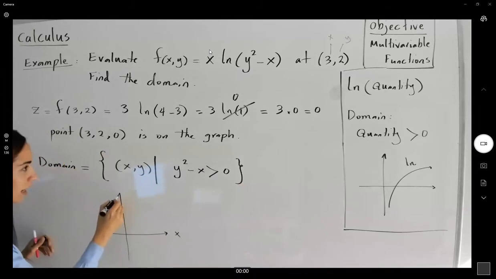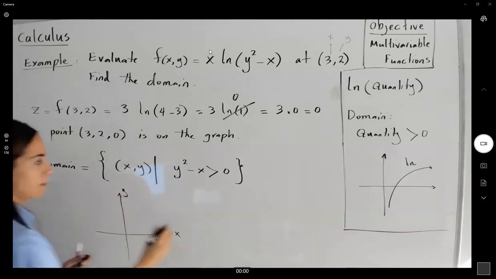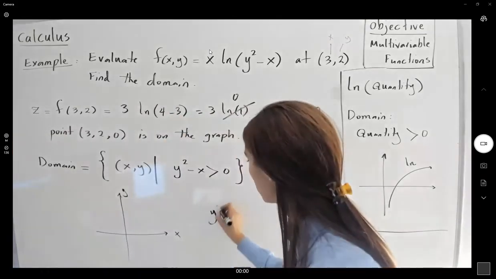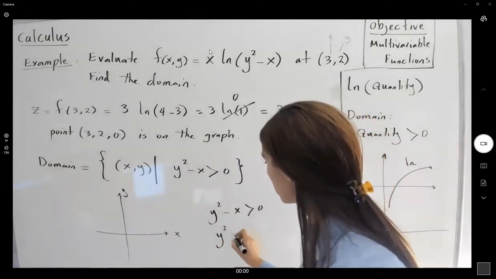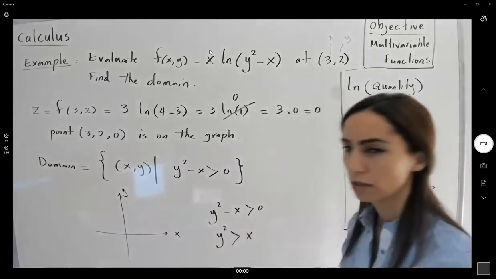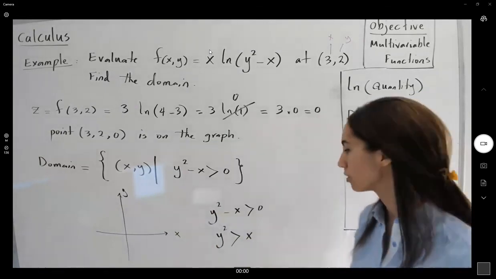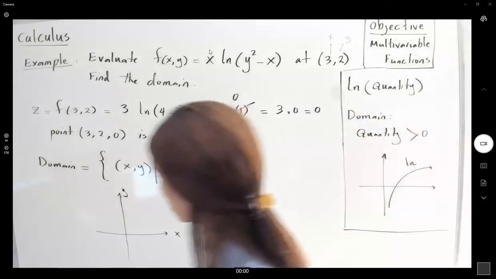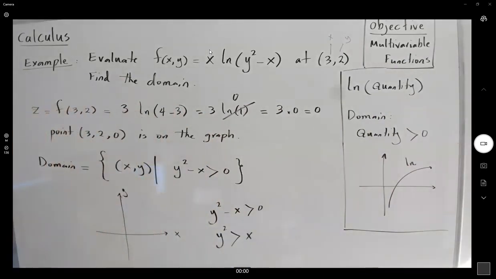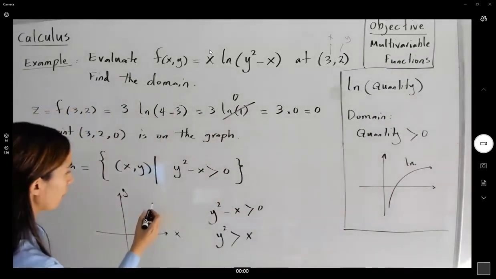We learned how to graph y squared minus x greater than 0 before. So y squared minus x is positive. It means that y squared is always greater than x. Remember the function y squared equals x. Graph this and then shade the correct side.